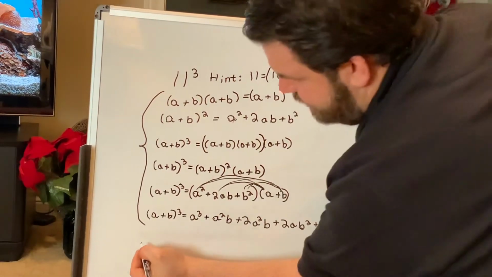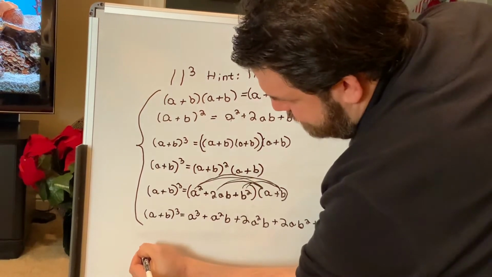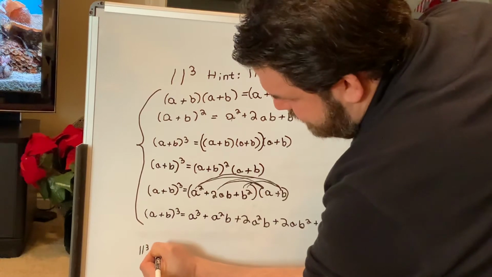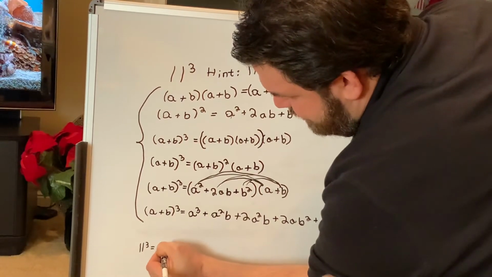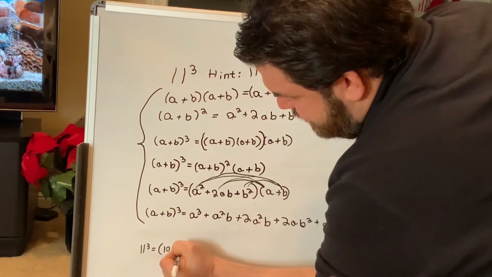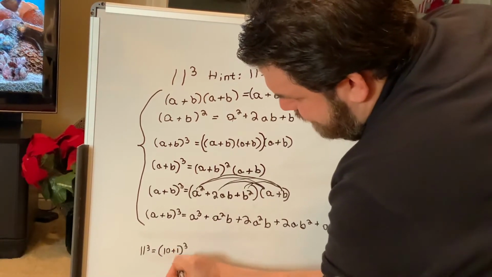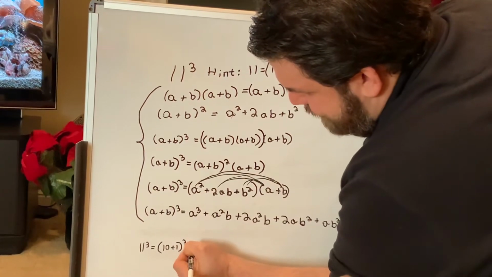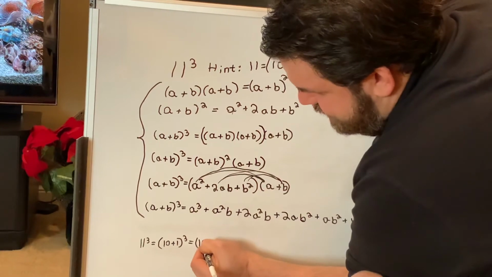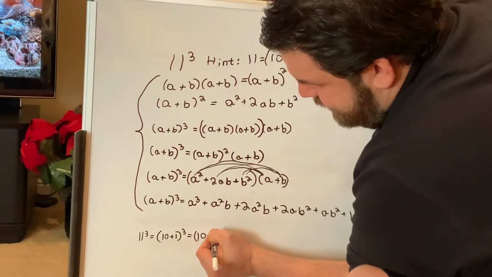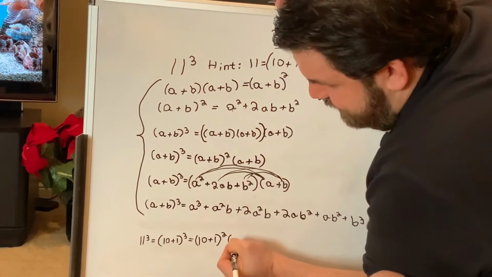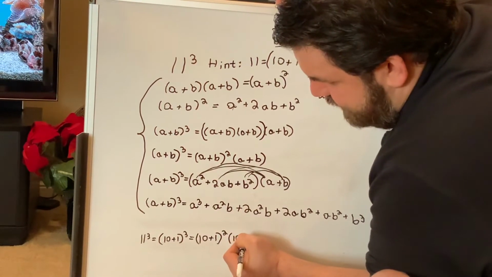So we're going to go down here and write 11 cubed equals, open parentheses, 10 plus 1, cubed, which equals 10 plus 1 squared times 10 plus 1.